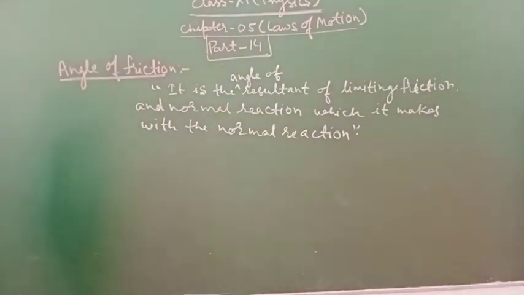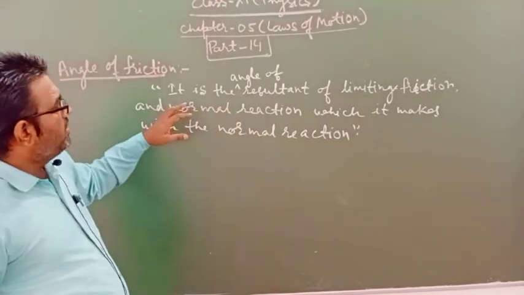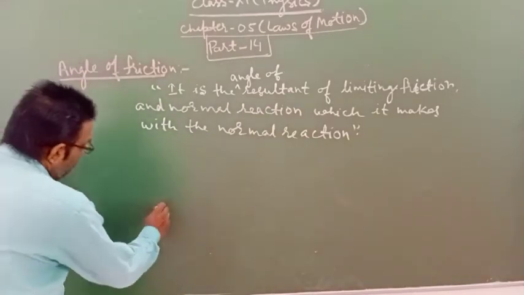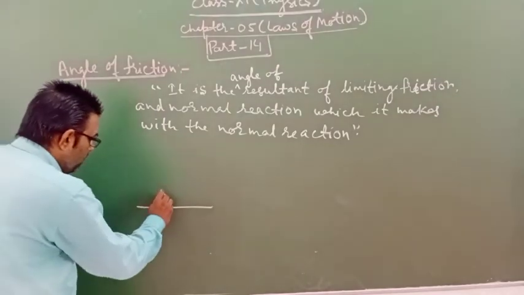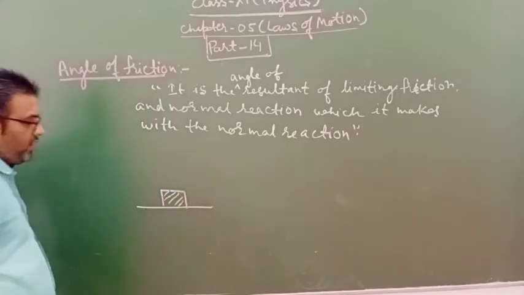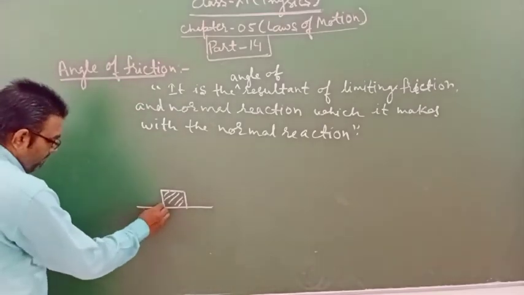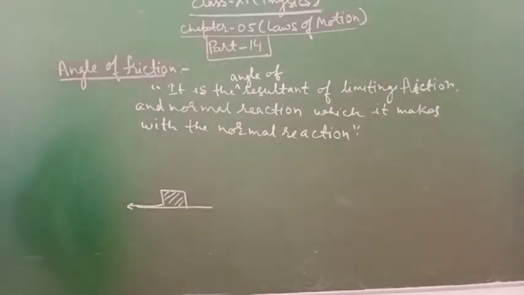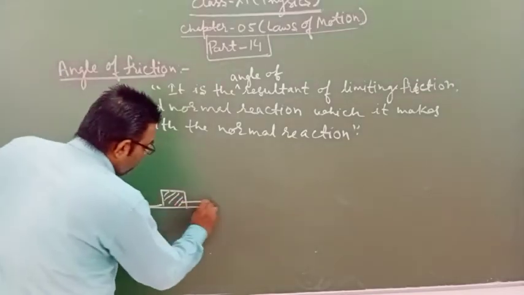Dear students, first of all, understand what the statement for the angle of friction is saying. It is the angle of the resultant of limiting friction. I am drawing a diagram to explain it. Suppose this is a block placed over a rough surface, and the block is just going to move over this rough surface due to the applied force.